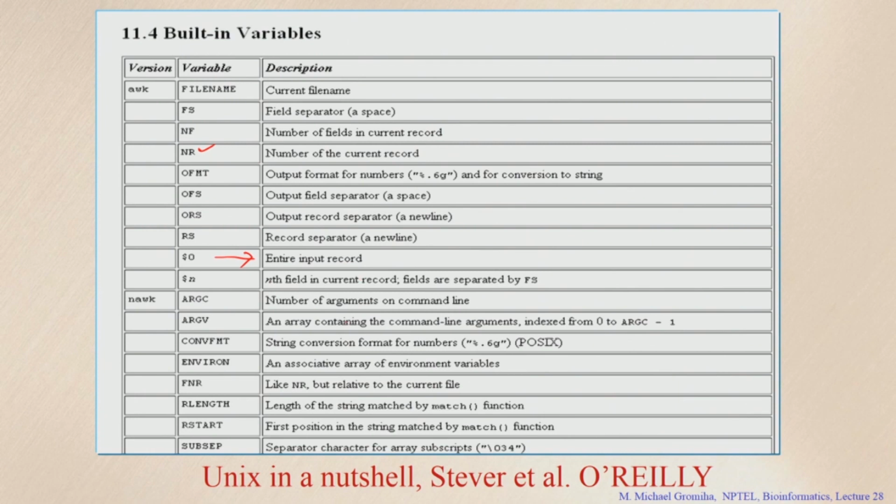So, likewise you can see this FNR, like the NR, but related to the current file. You see any of these variables and get the description, right, and accordingly you can manipulate these files using this awk command. So, you can see some of these available in awk and you can see some more information, right. You can also use nawk, right, for more information.